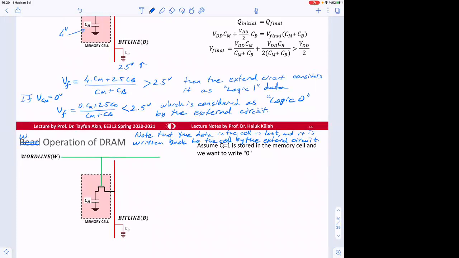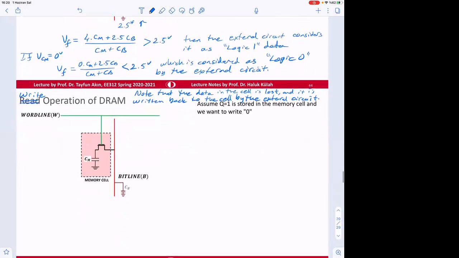So how does it write back? The write operation is very simple. In order to write 0 to the memory cell, first the bit line is set to 0 volt. Then the word line is selected.